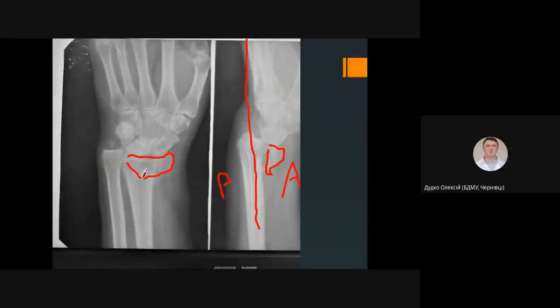That goes proximally and it goes to the anterior side. So here we can see a fracture of distal metaepiphysis of radius with displacement.